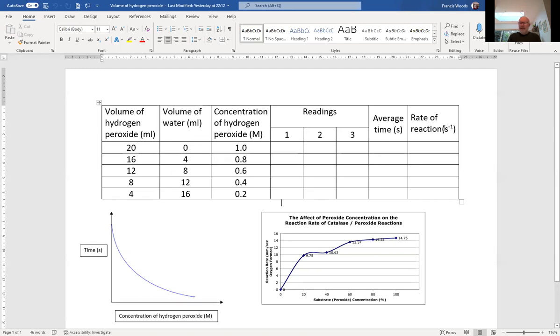Over here, you can see on the rate of reaction, I have used the superscript button to get the -1 for the rate of reactions, which is seconds to the -1. Which in English would be written as per second.